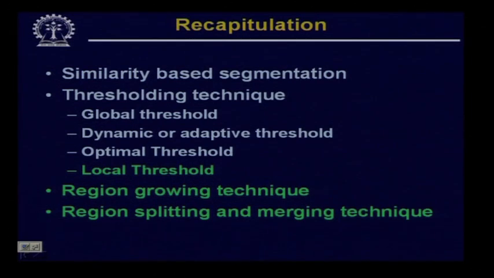In our last class, we discussed the global thresholding operation. We also discussed the dynamic or adaptive thresholding operation, and the optimal thresholding operation. We have seen that in global thresholding, a threshold value is selected which depends only on the pixel intensities in the image.